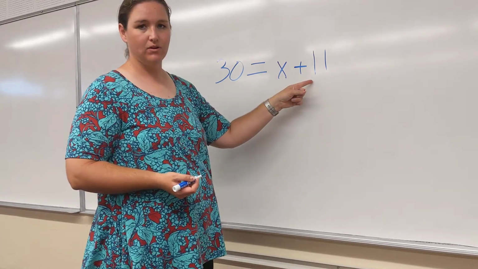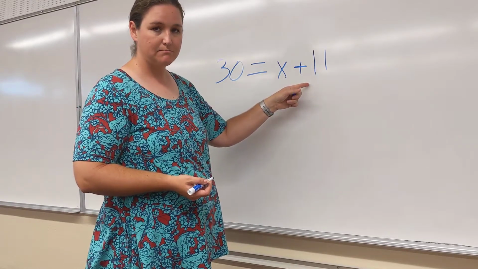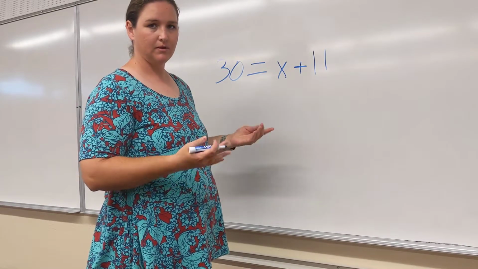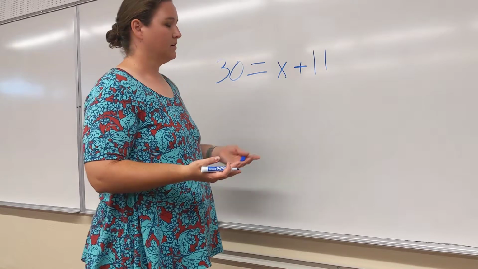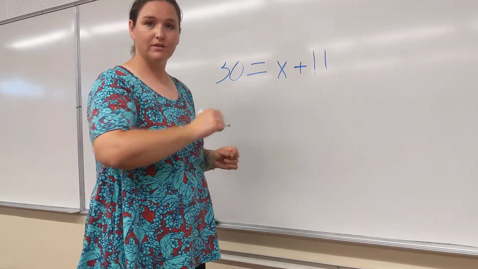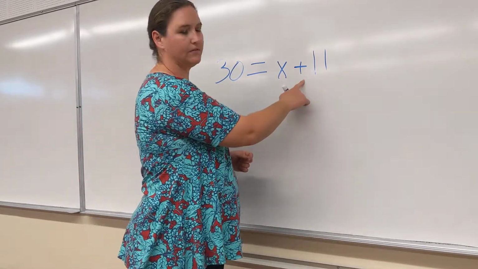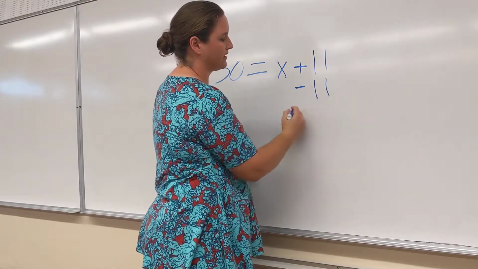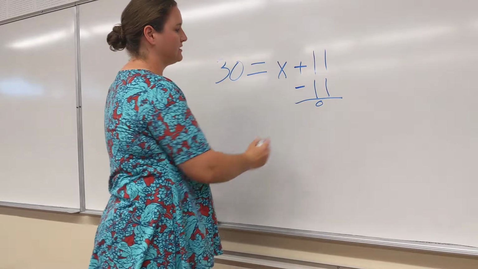Now you have an 11 over here. If we want to move that 11 or get rid of the 11, what do we do? Well, the inverse, the opposite of addition, is subtraction. So we're going to subtract 11. That'll give us 0.